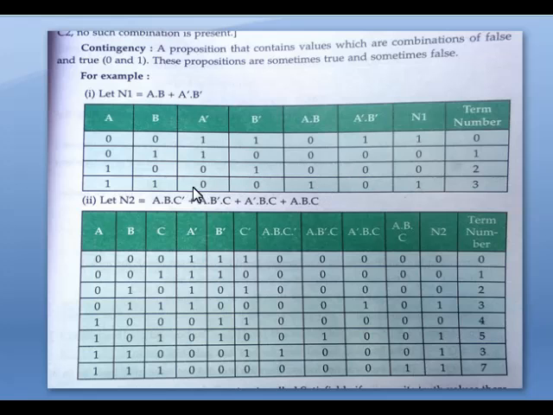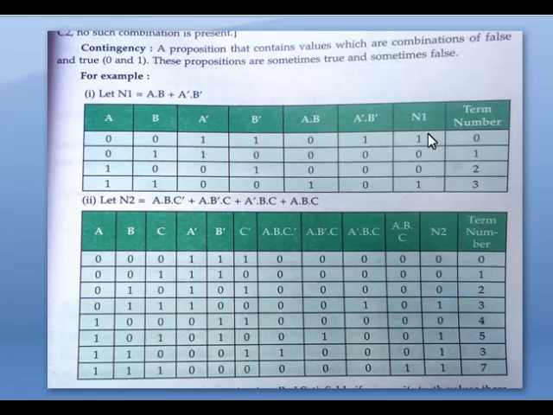Now what is the final output? n1 means a b plus a dash b dash. We have to add these two columns. 0 plus 1 is 1, 0 plus 0 is 0, 0 plus 0 is 0, 1 plus 0 is 1. So see the output column, it consists of a combination of zeros and ones. So it is called a contingency.